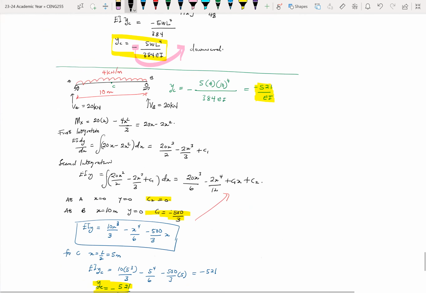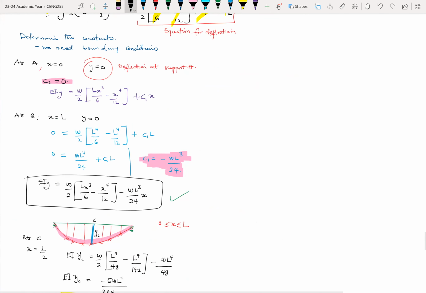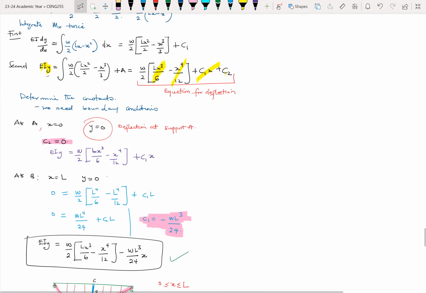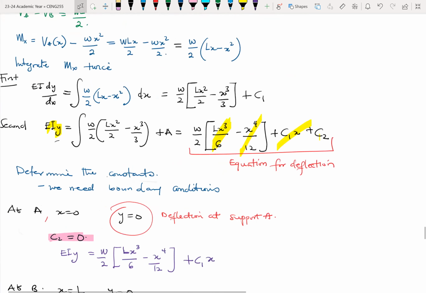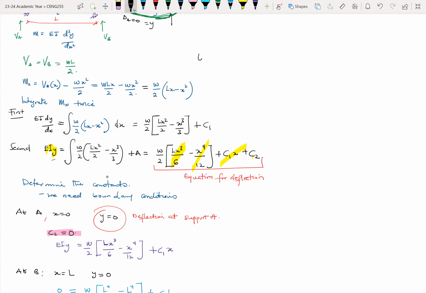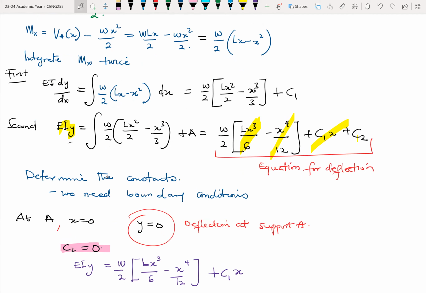If we were to find, let's say, a slope, maybe the slope at A, which would not be 0, then for the slope at A we only need the first integration. So the first integration here.